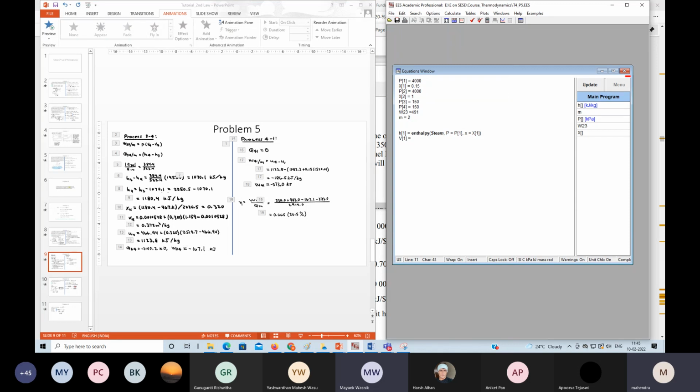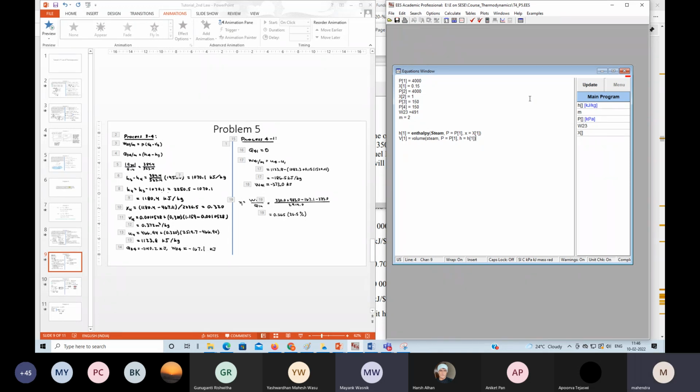V1 equal to volume, okay, and then in P1, and then let us consider this H only, at this enthalpy, H equal to H1.